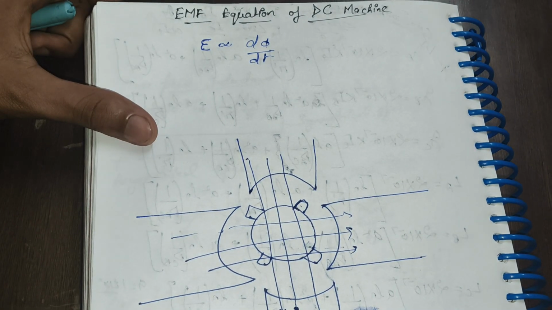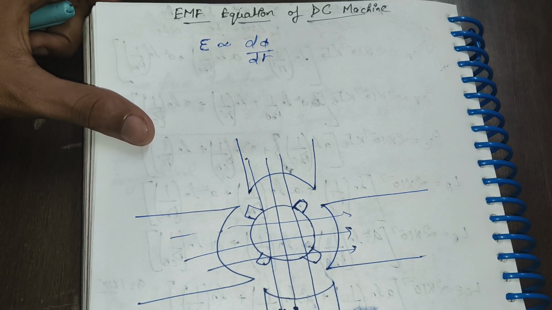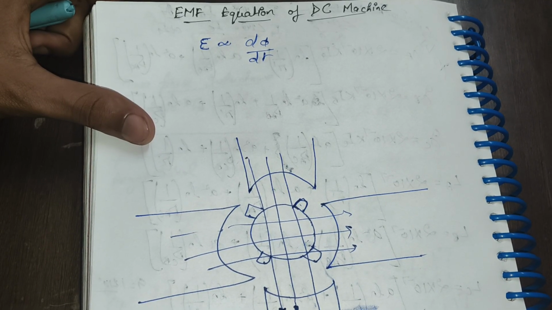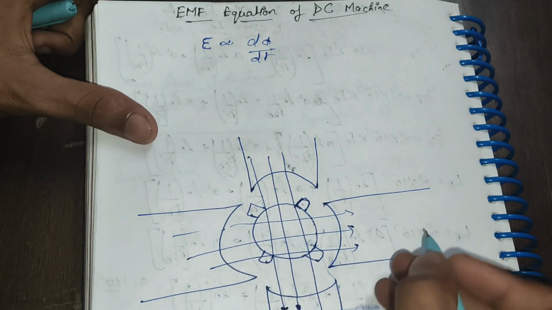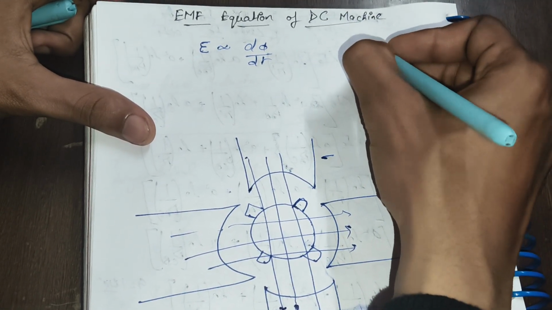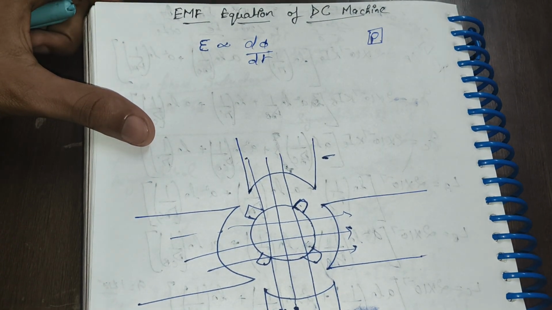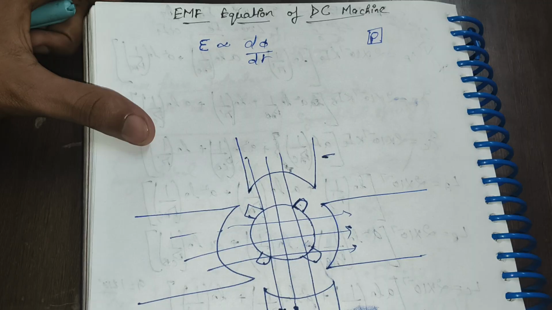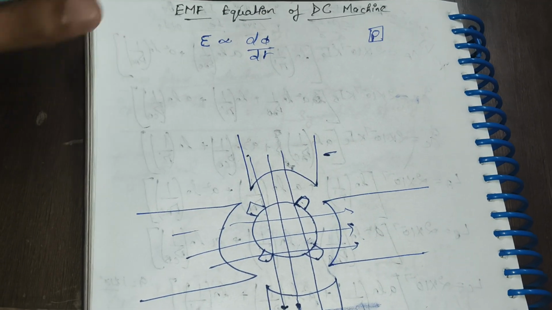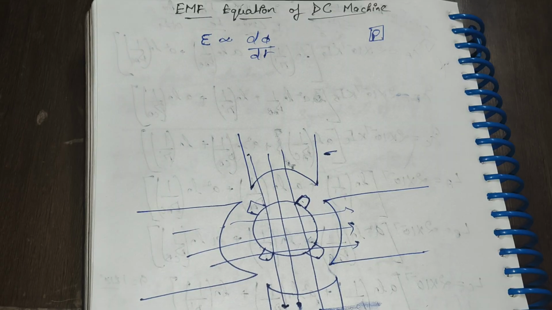So now we can think that the EMF of a DC machine depends on the number of poles. We will define the number of poles by P. The second one is the speed of rotation, like how many times the conductors cut the flux.